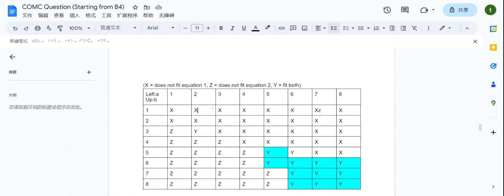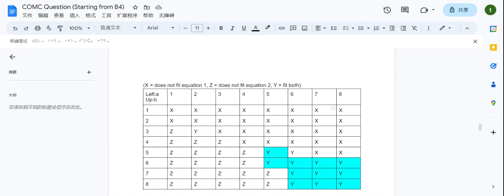Now let's see this graph. From this graph, you're able to see that x is the case that does not fit equation 1, z is the case that does not fit equation 2, and y is the case that fits both.